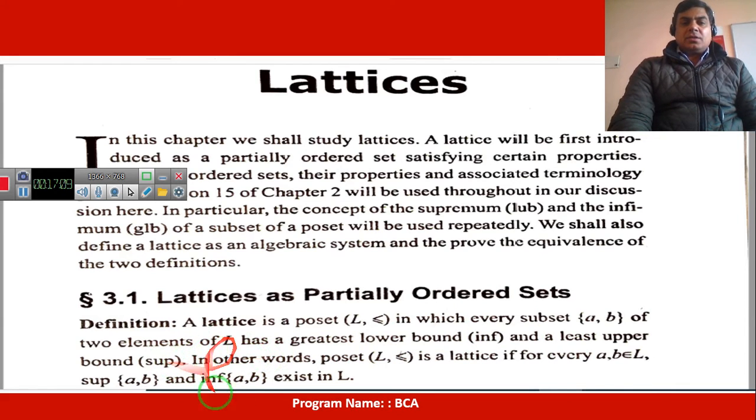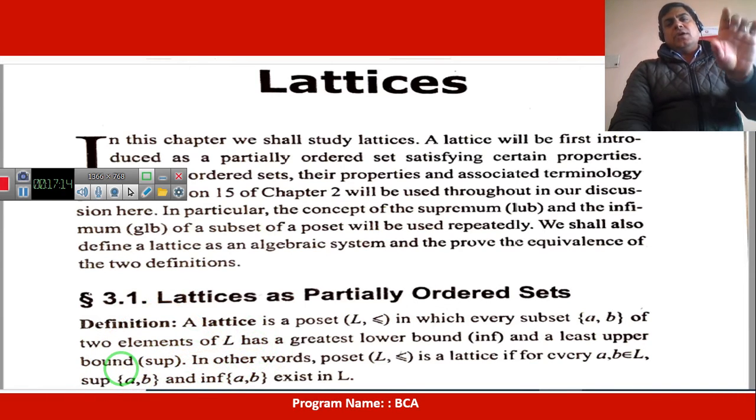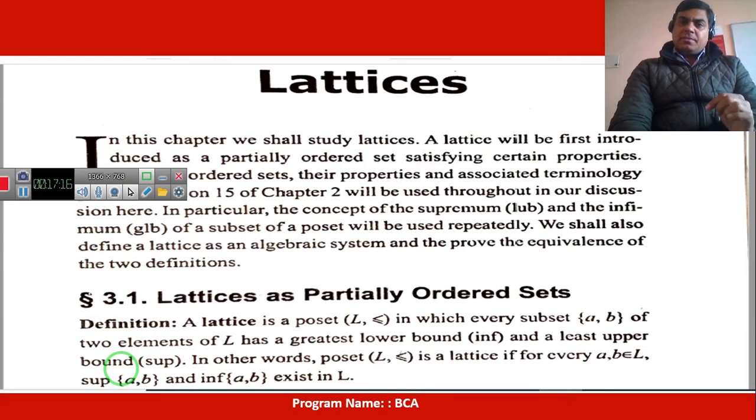In simple language, if we have a unique lowest element and a unique topmost element, they are called the infimum and supremum. If any Hasse diagram has a supremum and infimum, then this partially ordered set is known as a lattice.